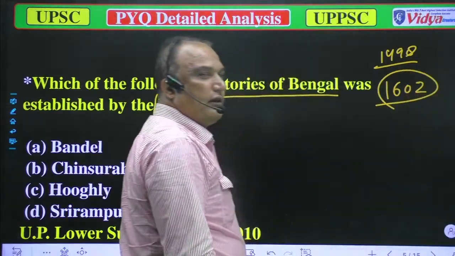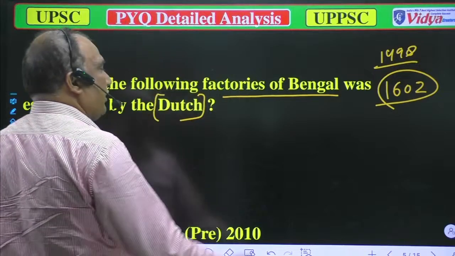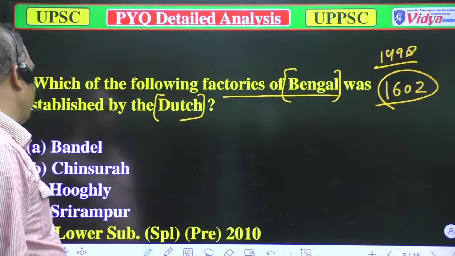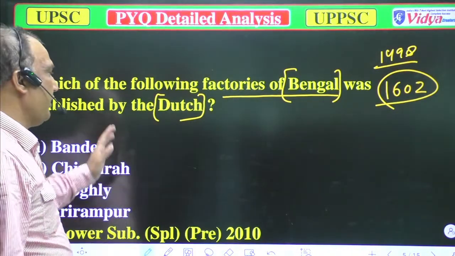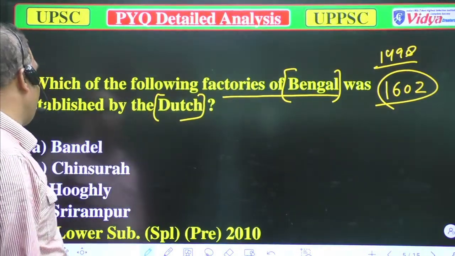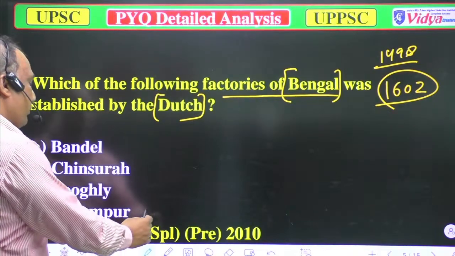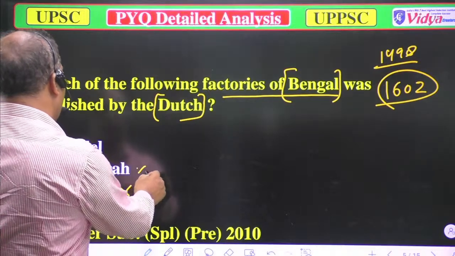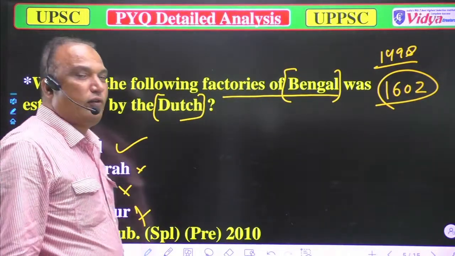So that was the difference, right? When we talk about Bengal, the Dutch established many factories there like Shirampur, no, Hooghly, no, Chunsura, no, the Bandel. Bandel was the right answer.